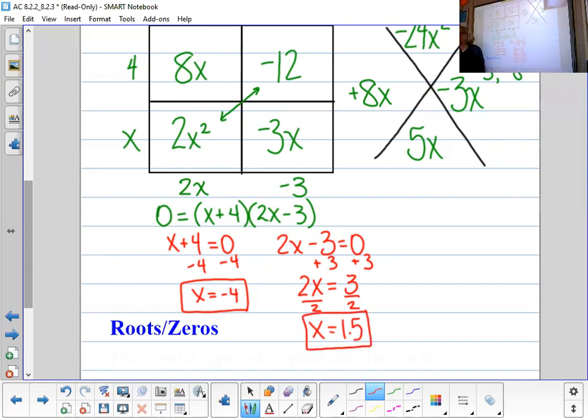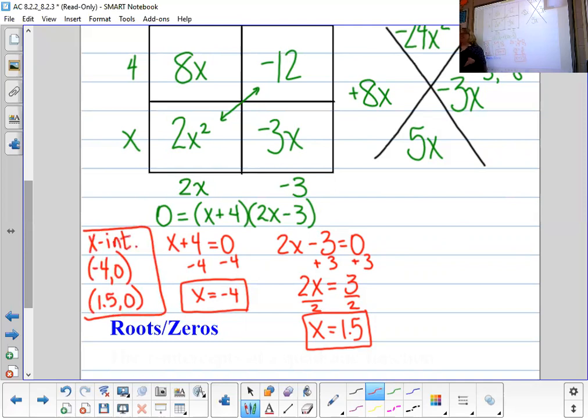Those are my two x-intercepts. So to find your x-intercepts, you're still going to plug 0 in for y, but you have to have it in factored form before you can actually find the x's. So I would say my x-intercepts are the points (-4, 0) and (1.5, 0). Those are my x-intercepts.